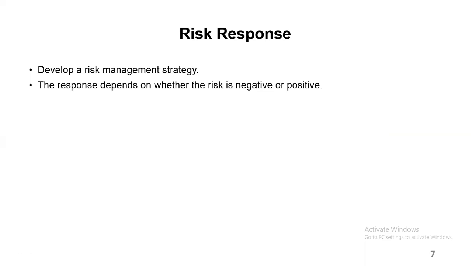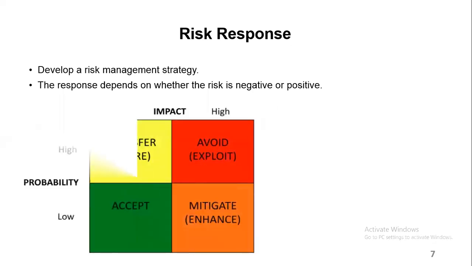These are some tactics that you're going to use to address all the risks that you have identified. That response will depend on whether that risk is positive or negative. This diagram here is now showing you the response that you can give depending on the risk.